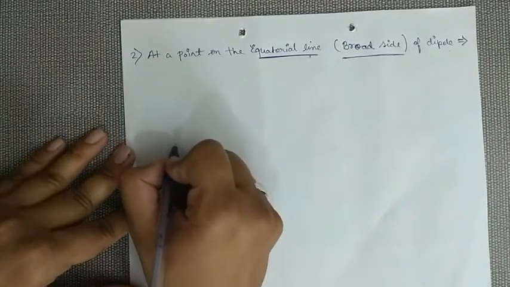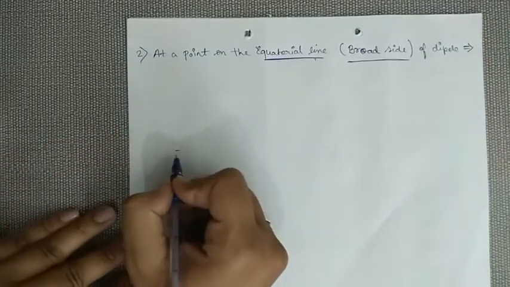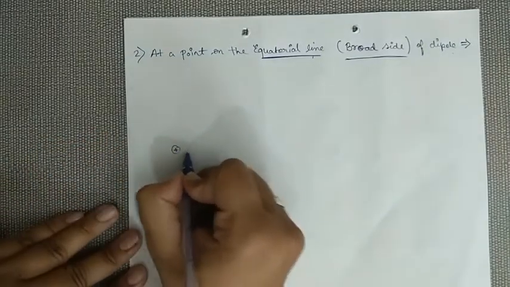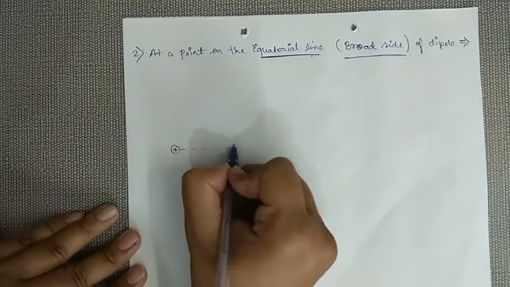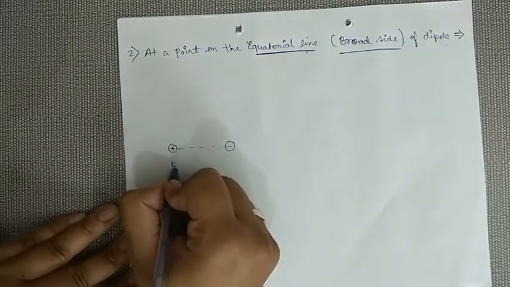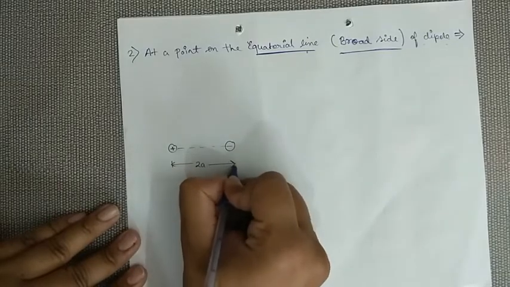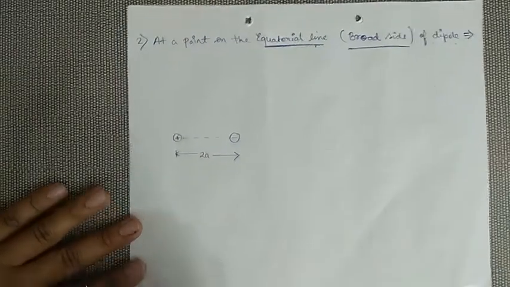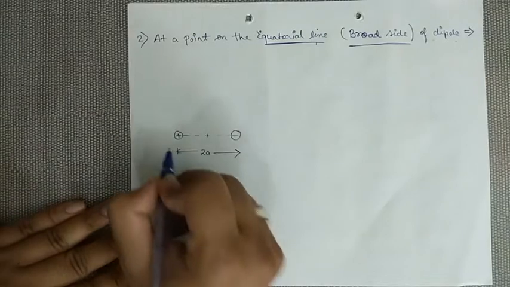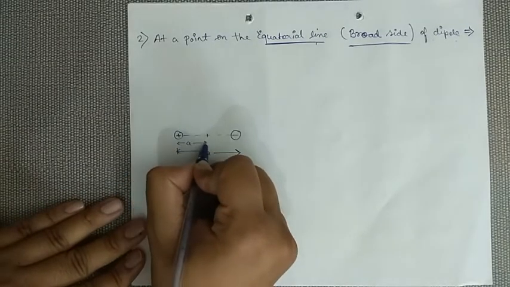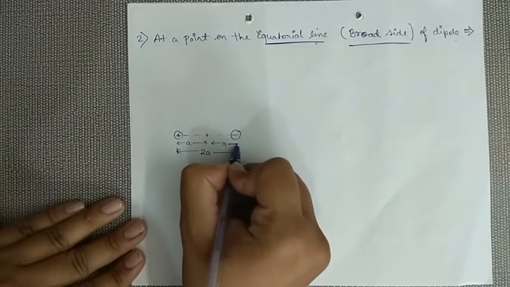So first of all we consider the dipole. This is our positive charge, this is our negative charge, and the distance between them is 2a. This is the setup of a dipole. This is the center of the dipole, so the half distance is a and the remaining half distance is a.